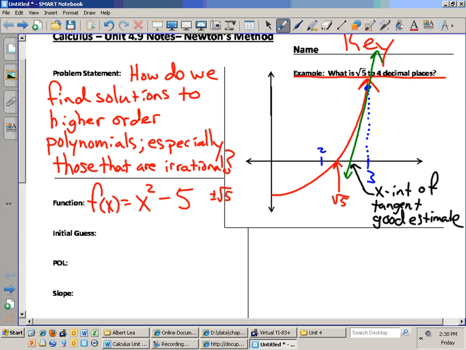As a matter of fact, he could take his new guess and find that spot again and draw another tangent line, and you can see how close that x-intercept lies right to the actual solution. And he would do this to approximate what the actual value of square root of 5 was.